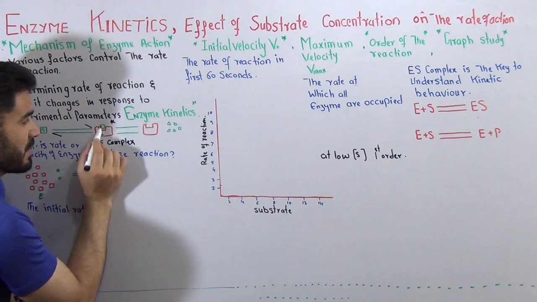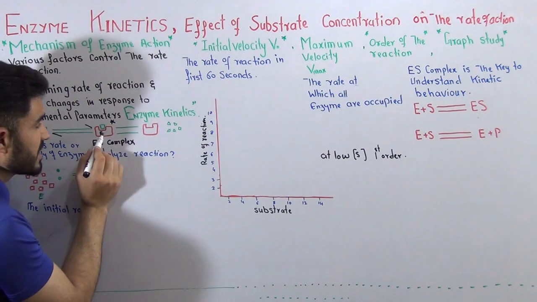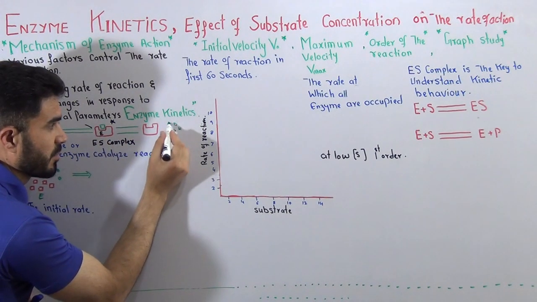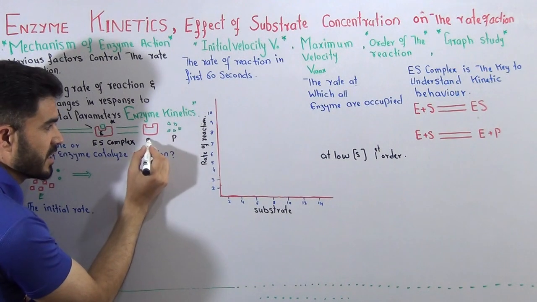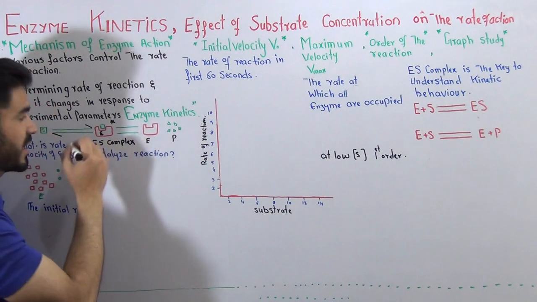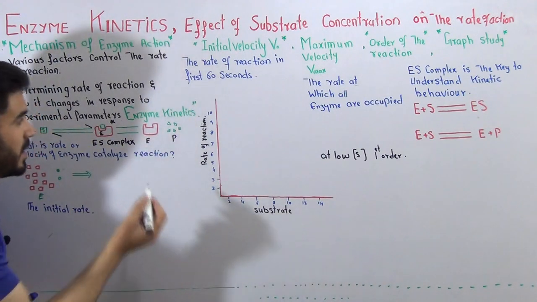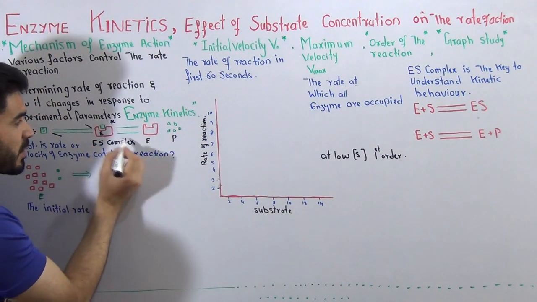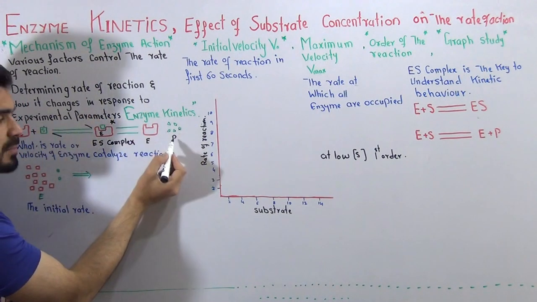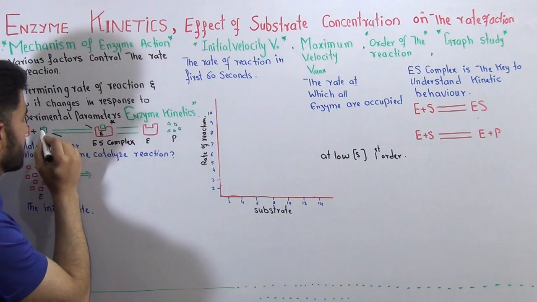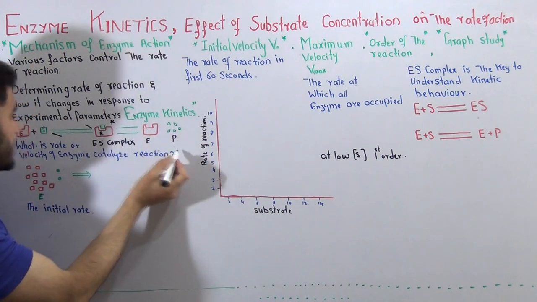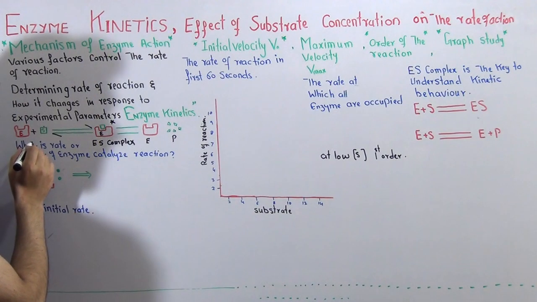Then enzyme will catalyze the substrate into product P. This is the product, and the enzyme is now free because it has done its job. So this enzyme substrate complex is very important. We had substrate that finally becomes product. This is our purpose, our target. Who did this? The enzyme.